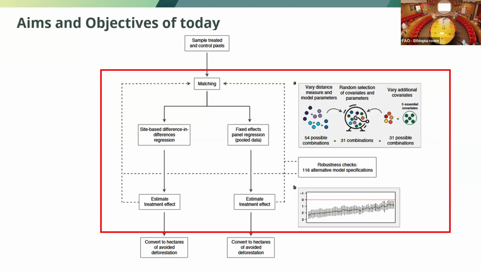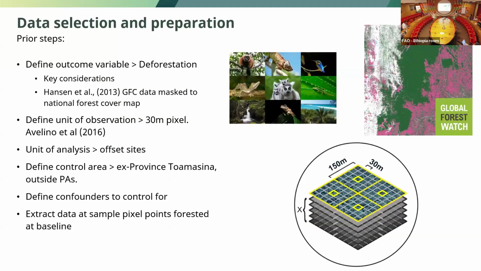Because before this, I did all of this, which is the data selection and preparation. So first of all, I had to define the outcome variable. The company is committed to offset biodiversity loss, but we measure deforestation.